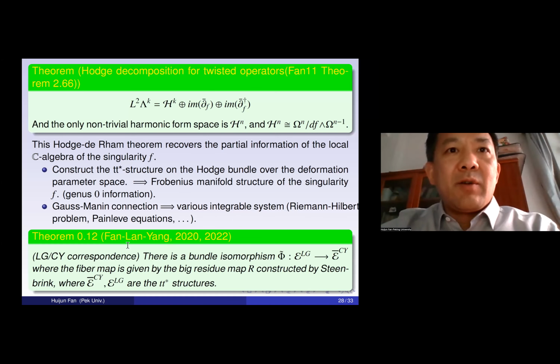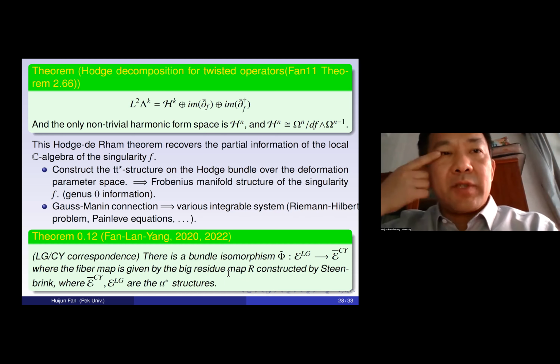So recently, with my two students, we also proved the following theorem, the so-called LG to CY correspondence. There is a bundle isomorphism from this LG tt* structure to the tt* structure on the CY part, and this phi tilde is given by the big residue map constructed by Steenbrink. So this is the LG-CY correspondence.